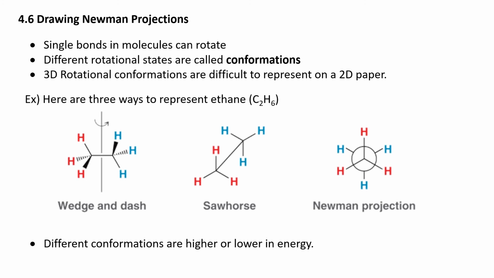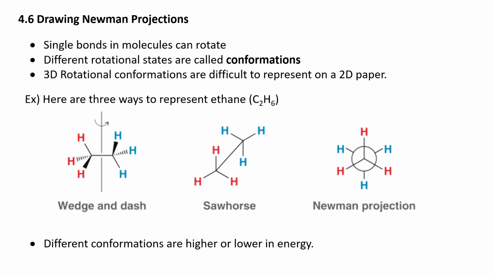So single bonds can rotate freely, and as a single bond rotates, we call these rotational states conformations. So there are multiple conformations of a particular molecule, like when we were rotating around the C3,4 bond axis of the original isomer, we saw that it looked different. Those rotational states are simply conformations.